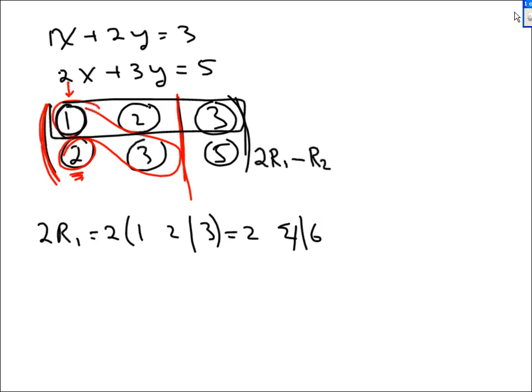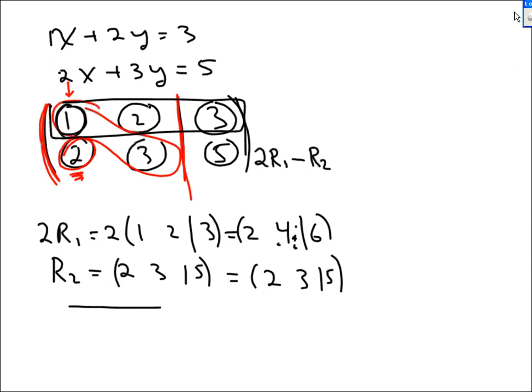I just multiplied each entry by 2. And row 2 just stays the way it is: 2, 3, 5.